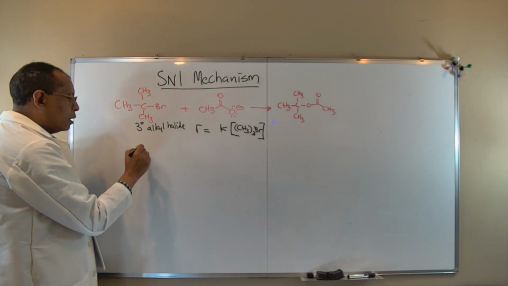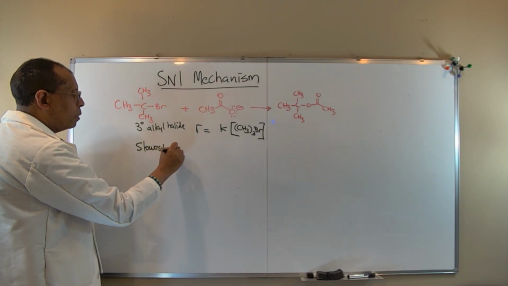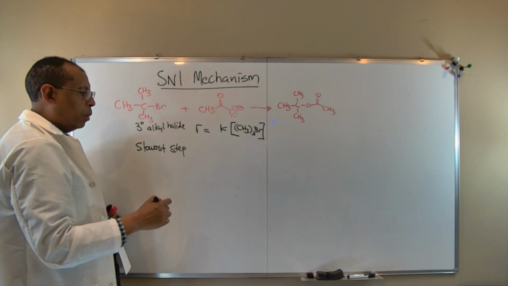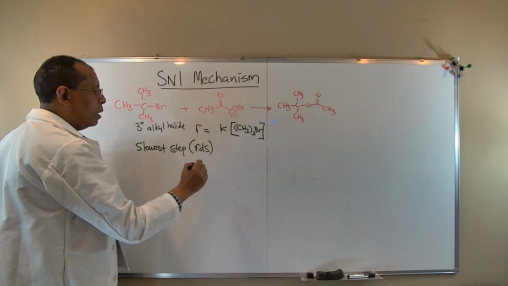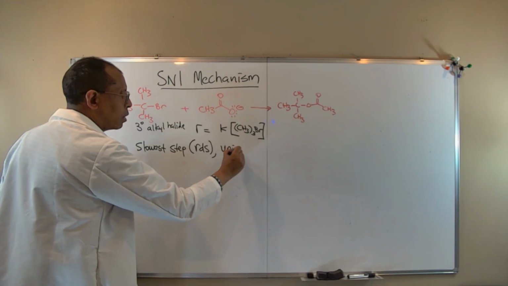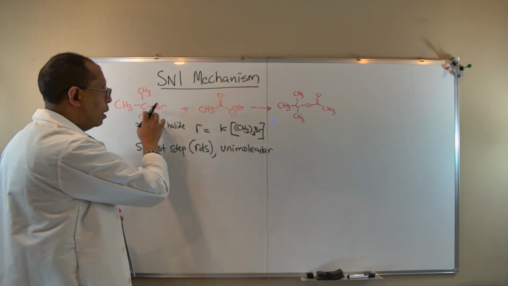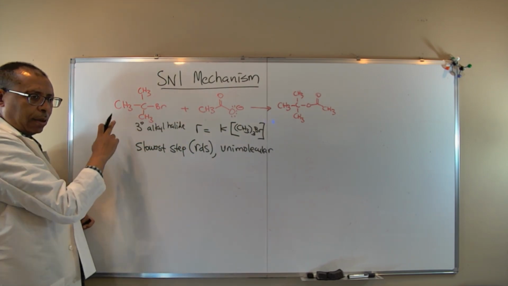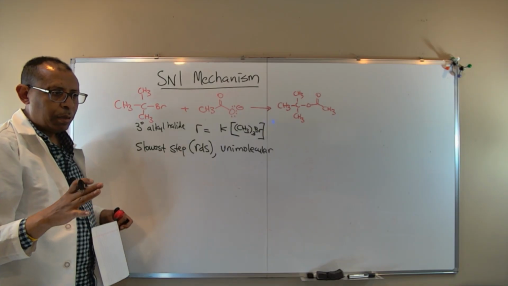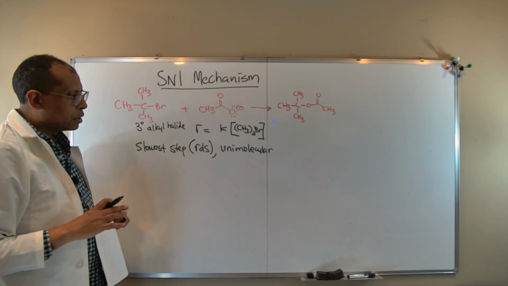So the slowest step, which usually we call the rate determining step, RDS, is unimolecular. Only one of the molecules is involved. That means only the alkyl halide is implicated in the slowest reaction step.